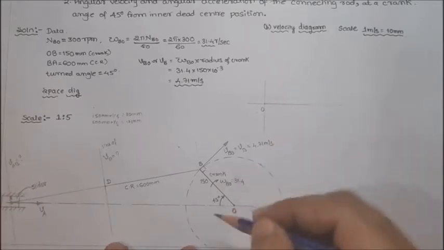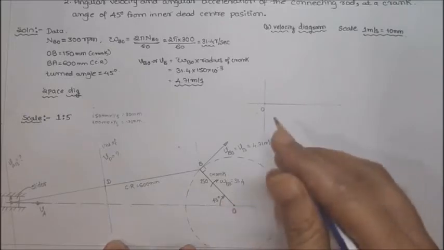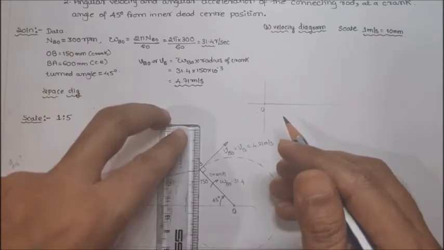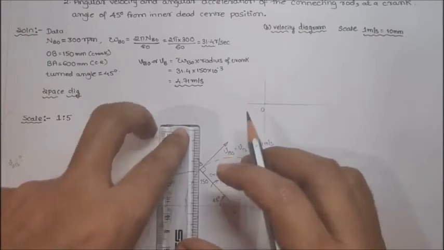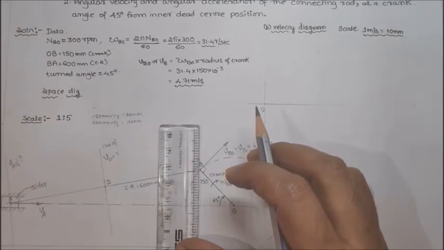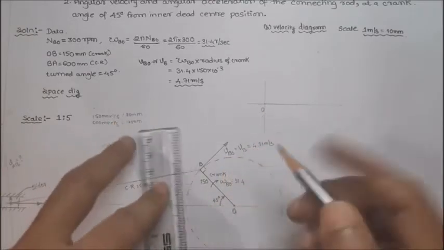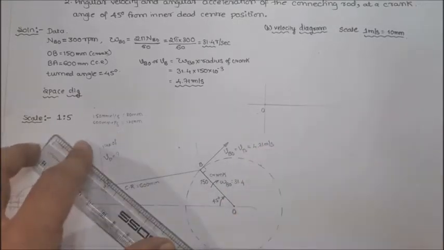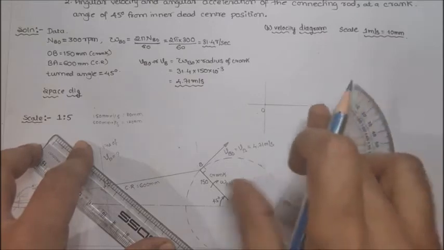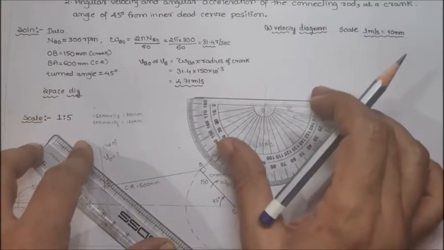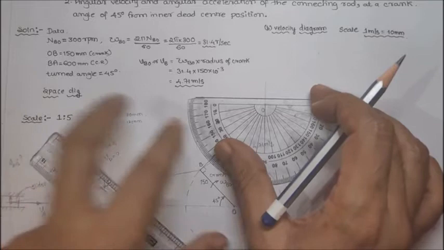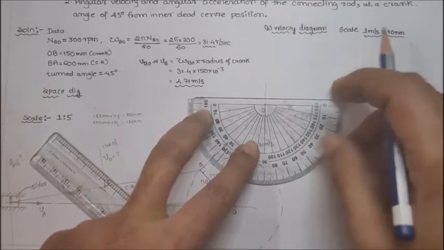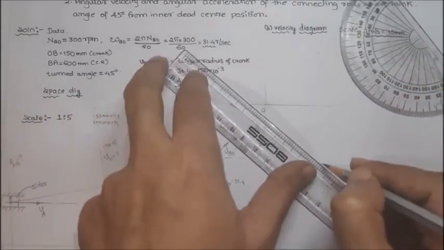For that we know this angle, 45. So here we'll draw one vertical line, or just this particular line we are going to bring here. How are we going to bring it? We'll measure from this particular point 45 degrees and draw a line.